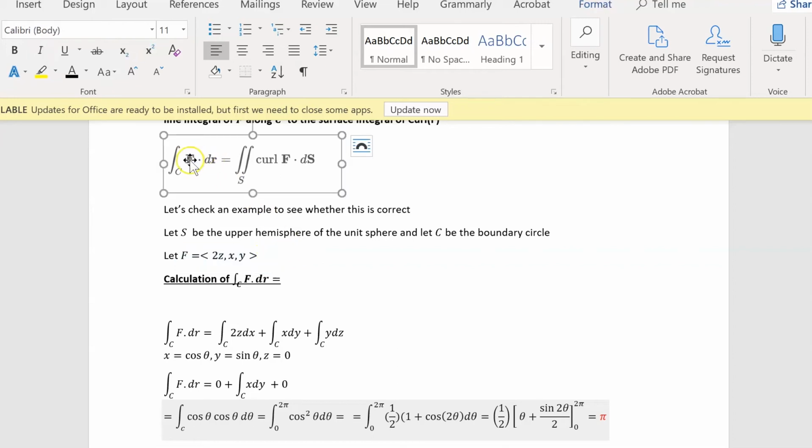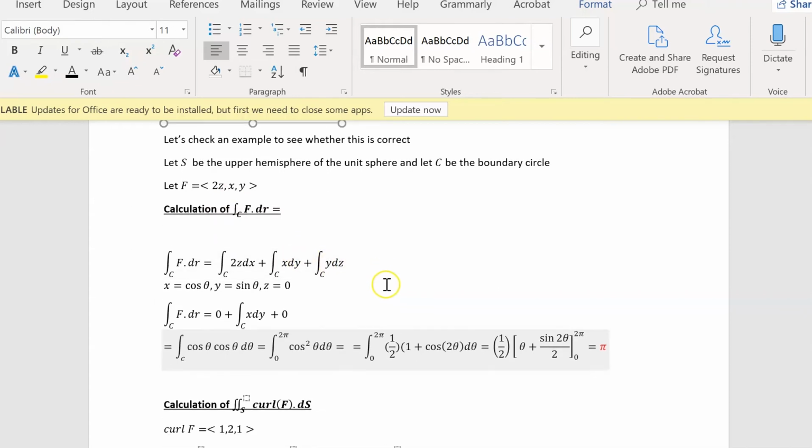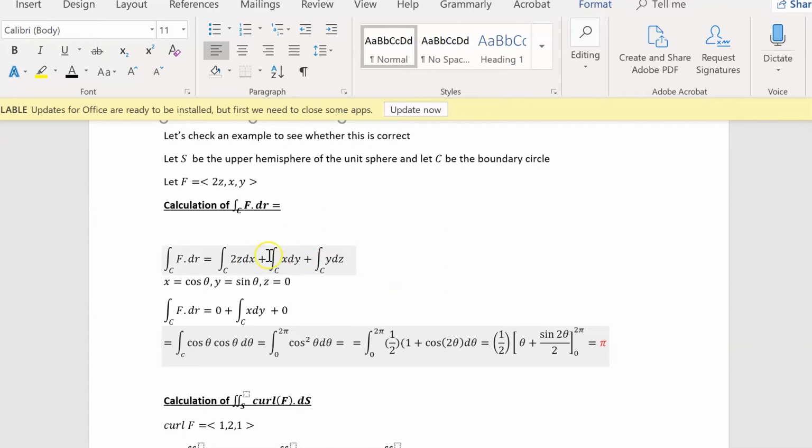First of all, we'll take this part of the formula and calculate the line integral, and then we will show that it is equal to the surface integral of the curl. So the line integral is 2x dx plus x dy plus y dz. Now let's go to our boundary curve, which is the unit circle on the xy plane, and it is very easy to parameterize that.